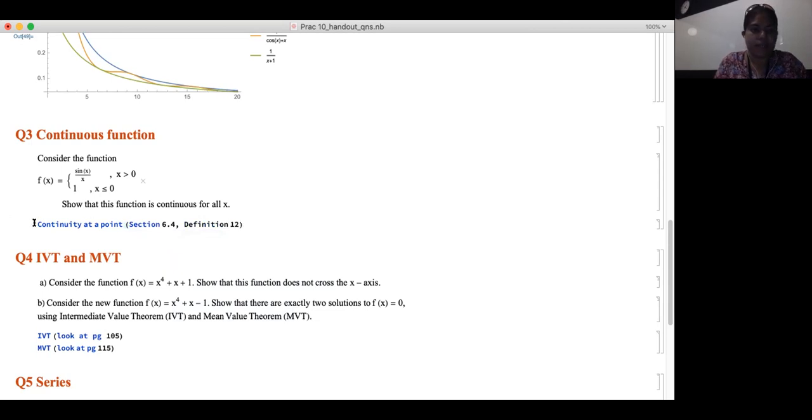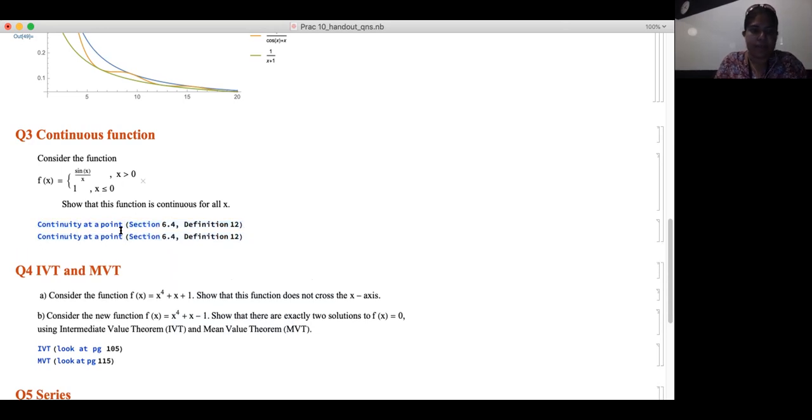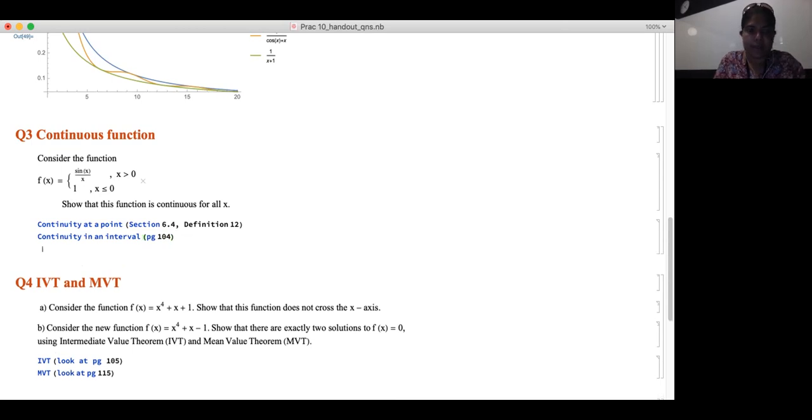Then have a look at continuity on an interval, page 104. Look at this. How would you use that?